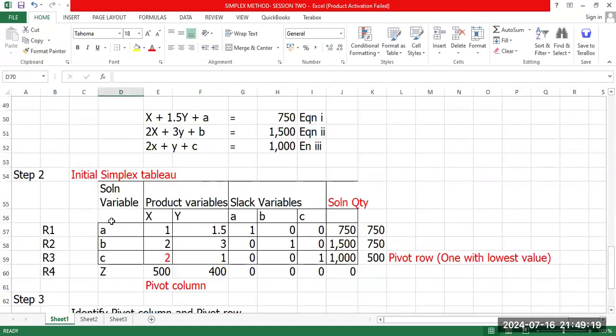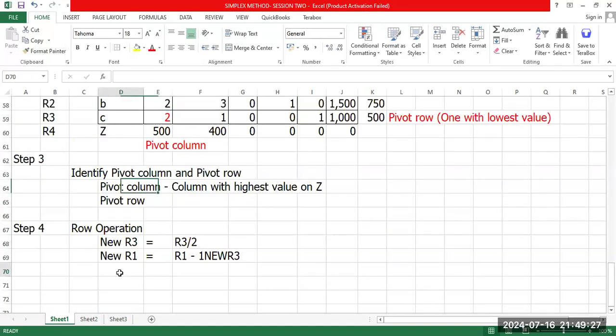Then the next row we want to change is row 2, because we want to change this figure to appear as 0. Now I need you to try. Since I have done this, I need someone to tell me what is new row 2. What is new row 2?